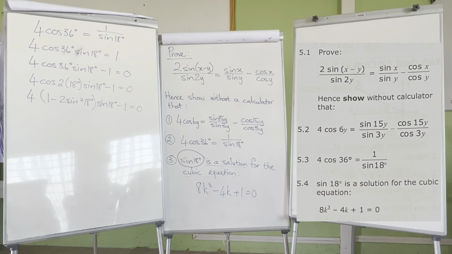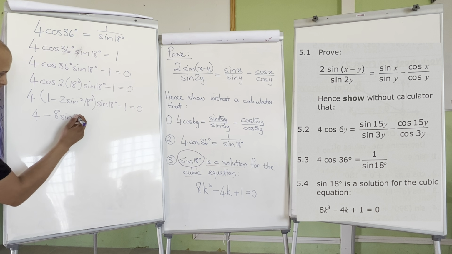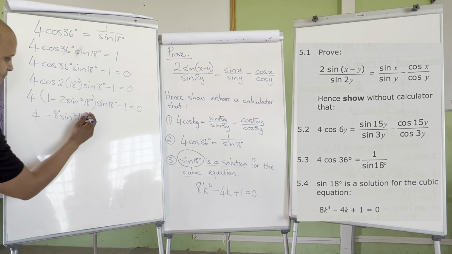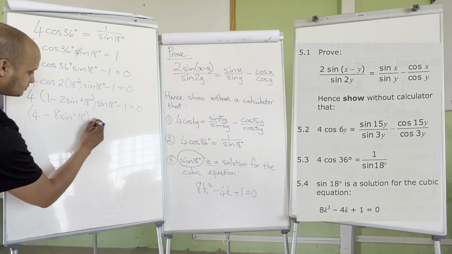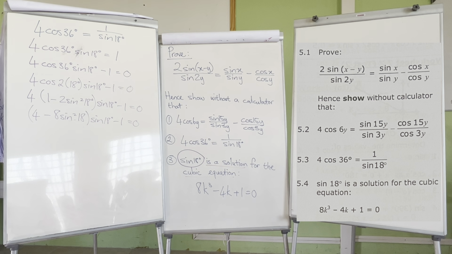You multiply the 4 into the bracket. So I've got 4 minus 8 sine squared 18, times sine 18, and there's another sine, the cube. Minus 1. We kind of give ourselves extra work here because the 4 and the sine 18 are outside the bracket, so I could have just multiplied 4 sine 18 into the bracket the first time.